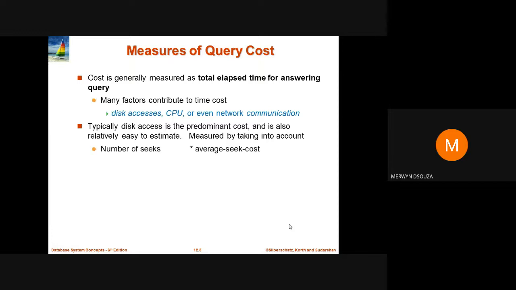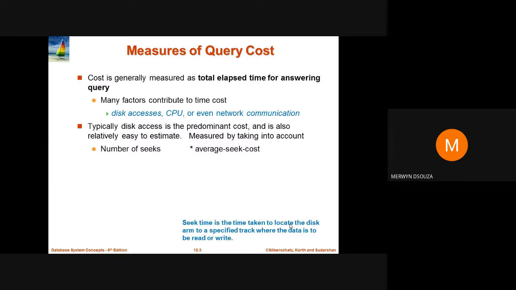Disk access is measured in terms of the number of seeks. So what is a seek? A seek is the time taken to locate the disk arm to a specified track where the data is to be read or written.